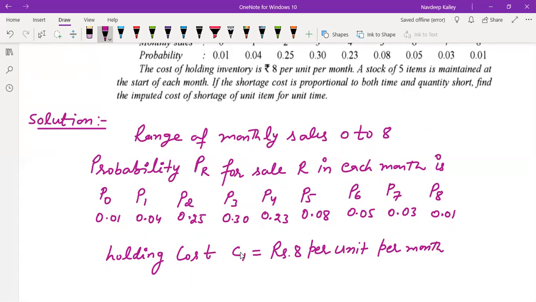A stock of 5 items is maintained at the start of each month. That is, the optimum inventory is given as 5 units.